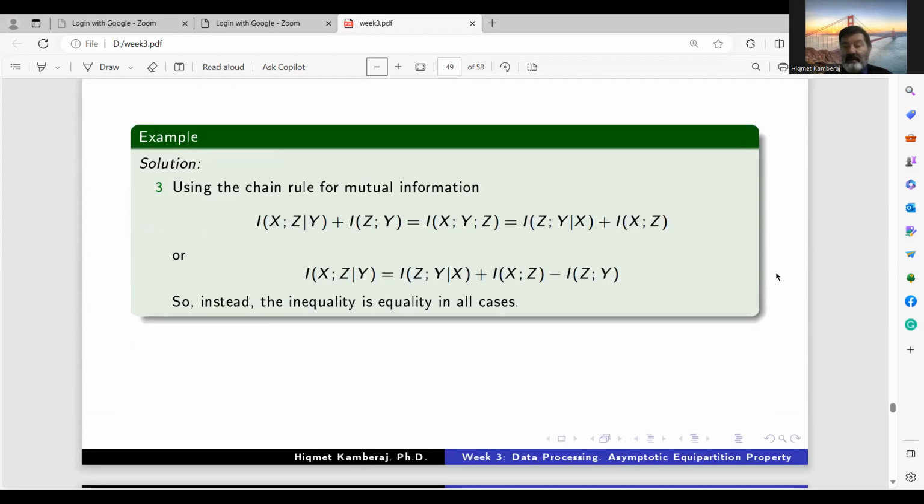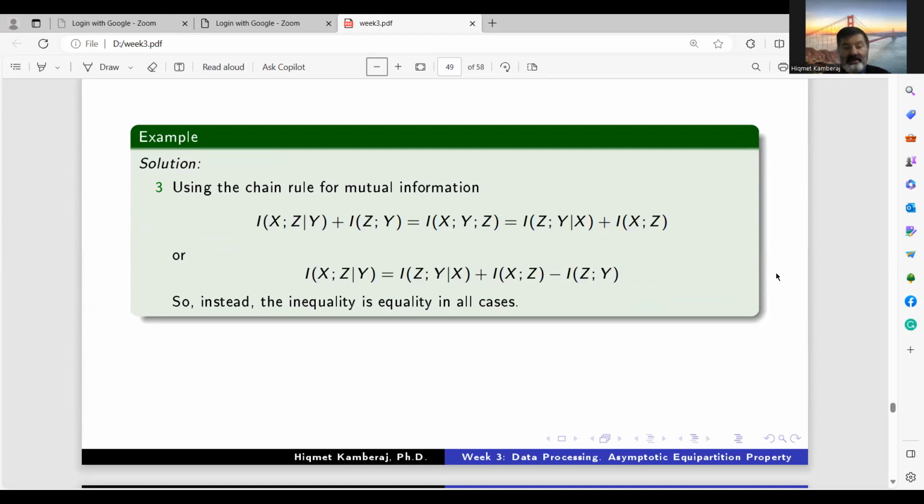Now for the third part, you could use the chain rule of mutual information. Mutual information between x and z given y, plus mutual information between z and y, is equal to mutual information between x, y, and z, which is equal to mutual information between z and y given x, plus mutual information between x and z.